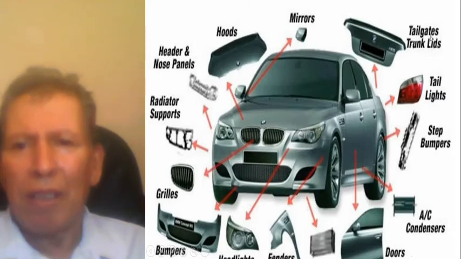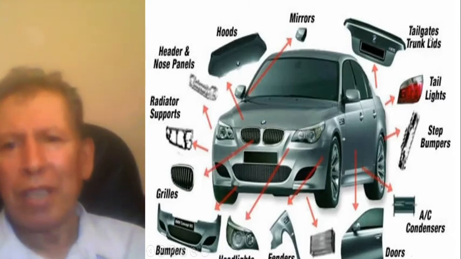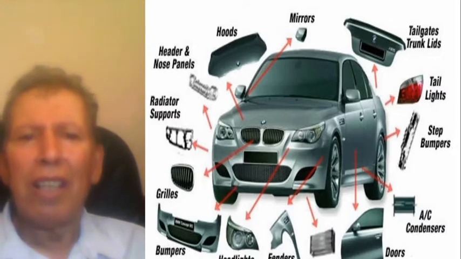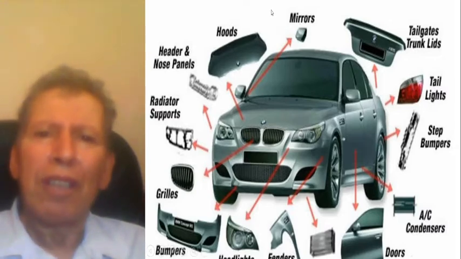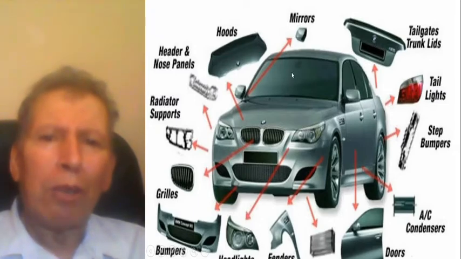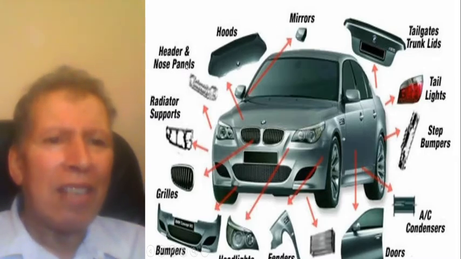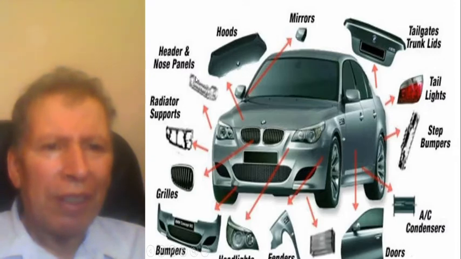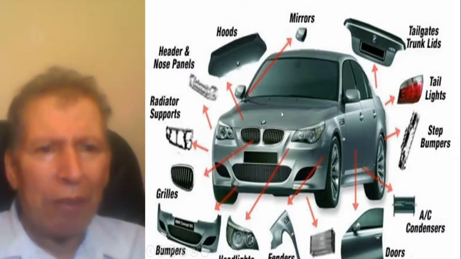The lid, something that locks, something that shuts, that seals. Tailgate lids. The mirrors, rétroviseur, to have a look towards the back. The hoods, like the hood. Heads and nose panel. Radiator support.